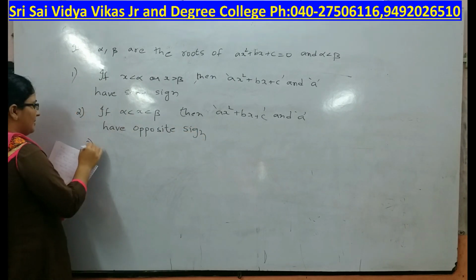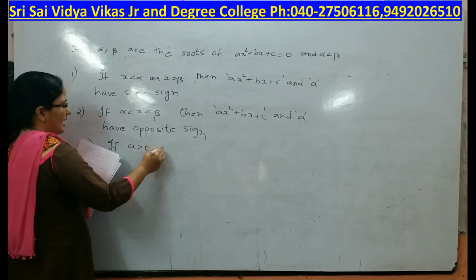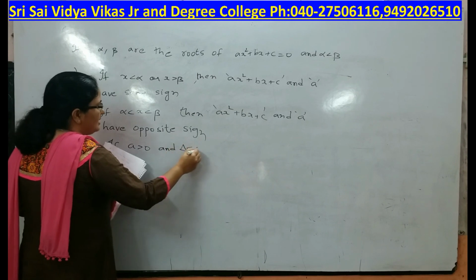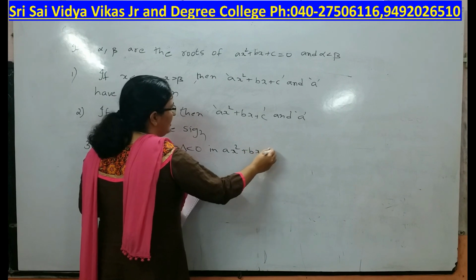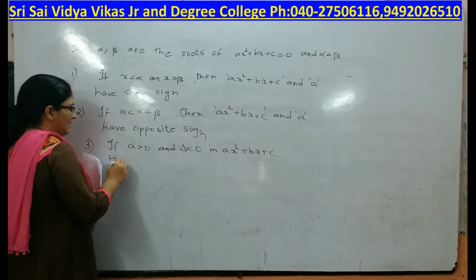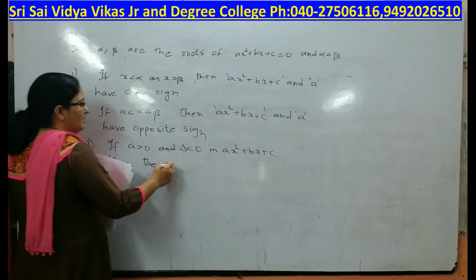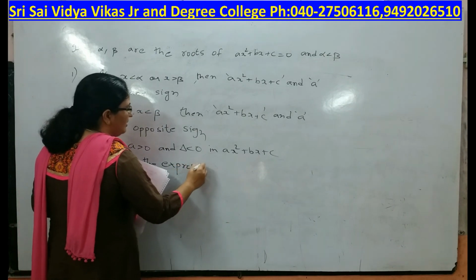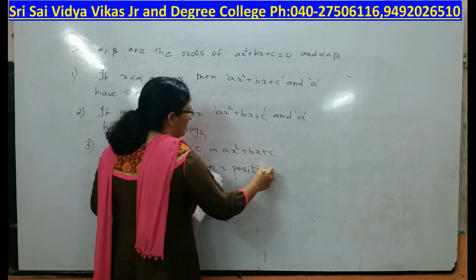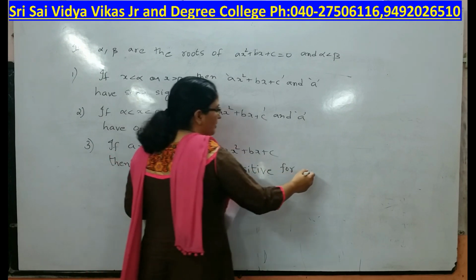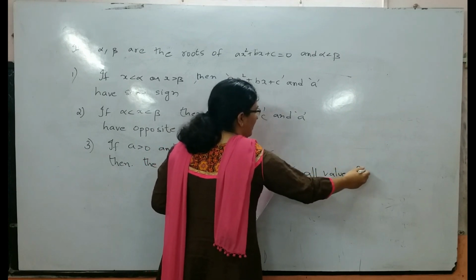Next, if a is greater than 0 and delta is less than 0 in ax square plus bx plus c, then the expression is positive for all values of x.